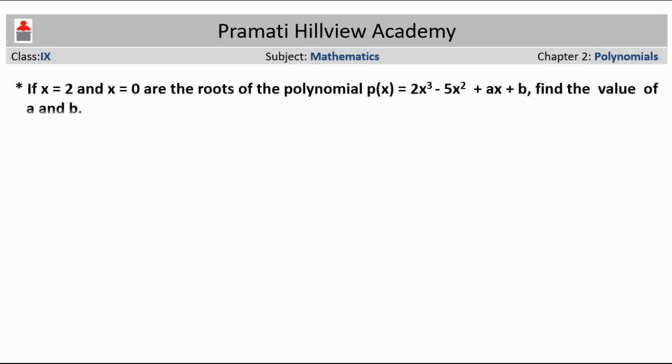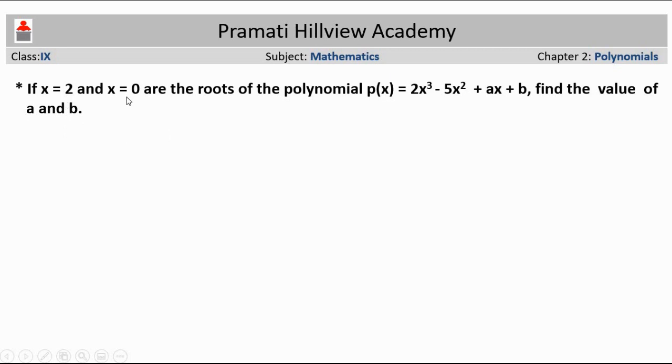Let's take another example. If x is equal to 2 and x is equal to 0 are the roots of the polynomial p of x which is equal to 2x cube minus 5x square plus ax plus b, find the value of a and b.